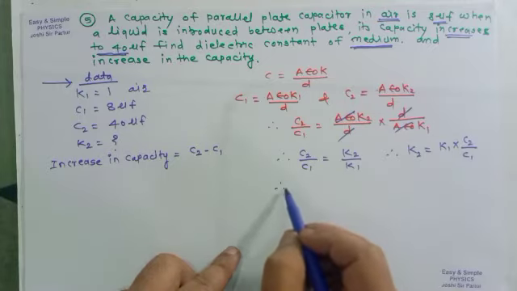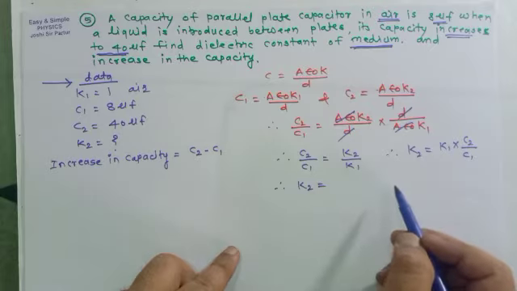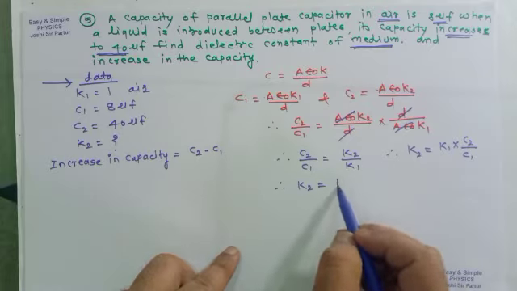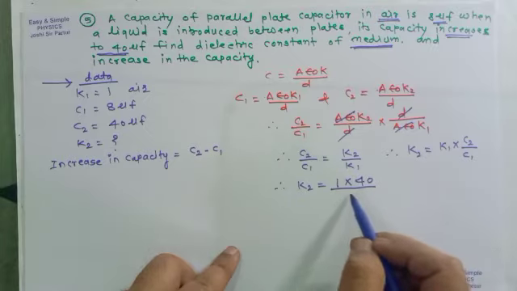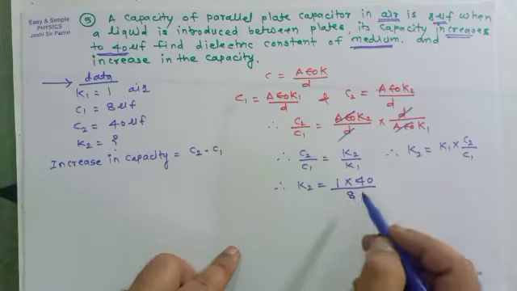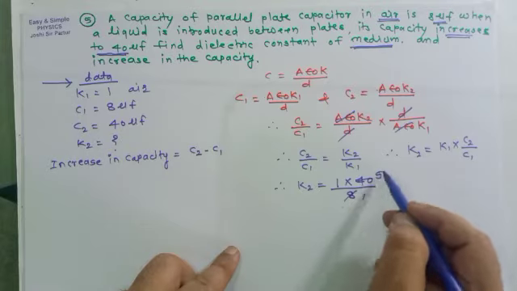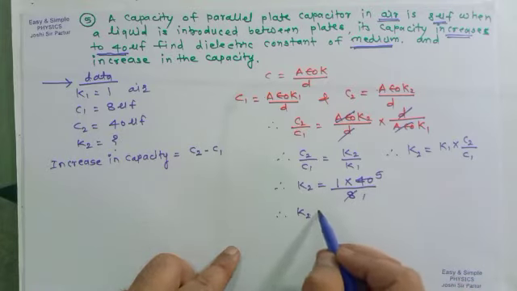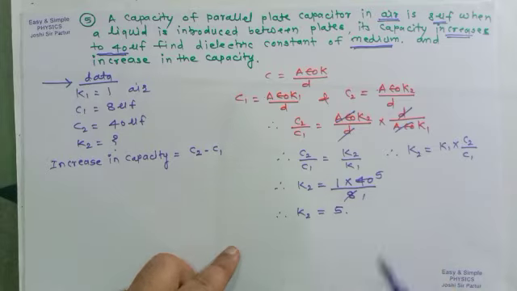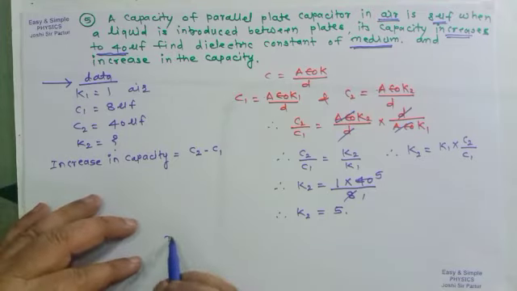So K2 equal to 1 multiplied by 40 divided by 8. Eight fives are 40, so dielectric constant K2 will be 5 when capacity increases to 40. So we want to find the increase in capacity.